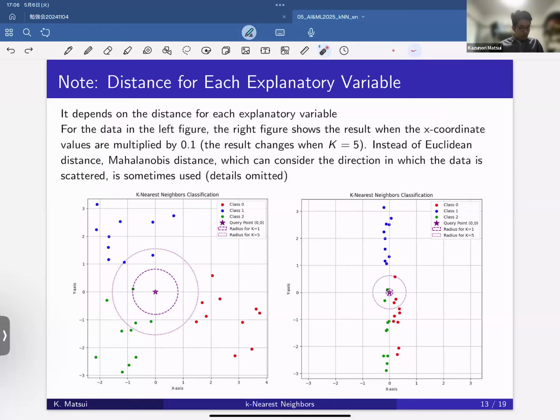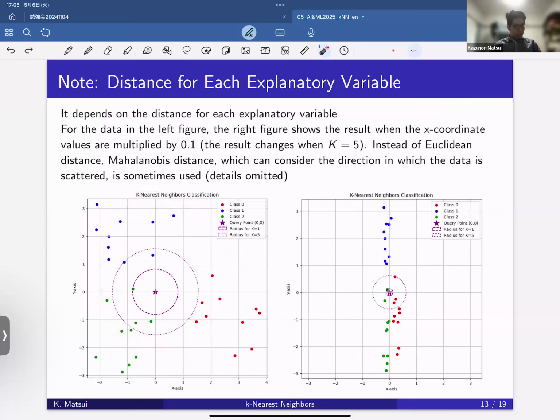Let me highlight some important considerations for the k-nearest neighbor method. Look at the figure we saw earlier. The method actually depends on the distance for each explanatory variable.